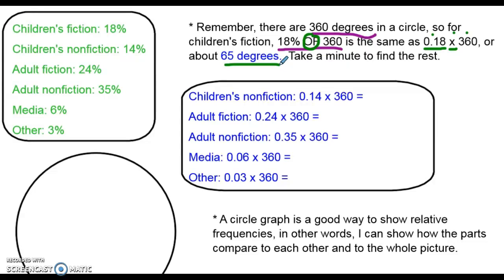So once we get all of our degree measures, I'm going to go ahead and write that right here. Once we get all of our degree measures, we can go ahead and make our circle graph. I'm going to pause here for a second, have you do the rest of the categories, adult fiction, nonfiction, media, and others.